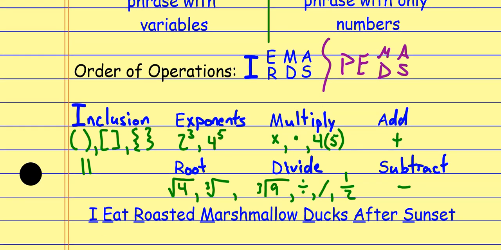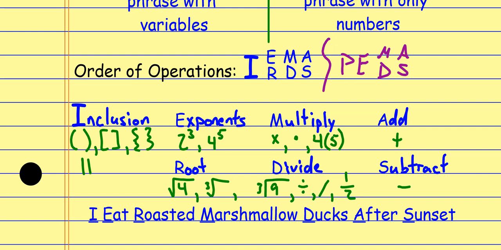If you're a big fan of PEMDAS, we remember that one by Please Excuse My Dear Aunt Sally, and that one's fine as well, all right? But understand that those ties still exist and the tiebreaker is still the same, all right? And yeah, the I eat roasted marshmallow ducks after sunset is a little bit nonsensical, but so is Please Excuse My Dear Aunt Sally, unless you happen to have an Aunt Sally who's very rude.